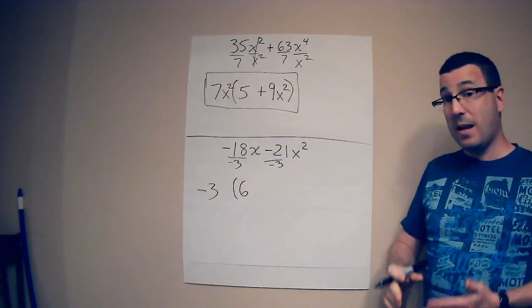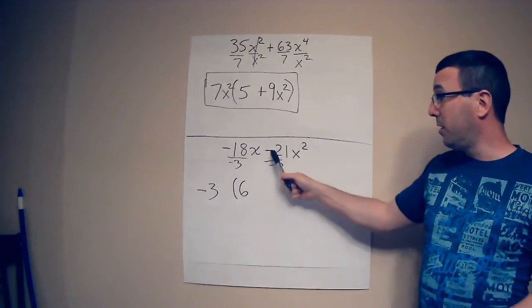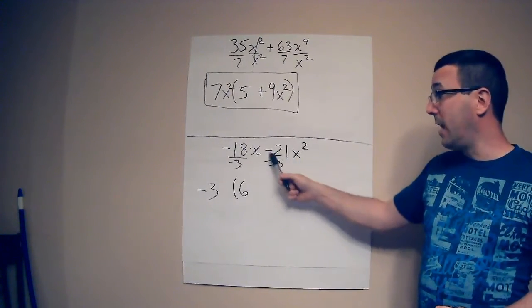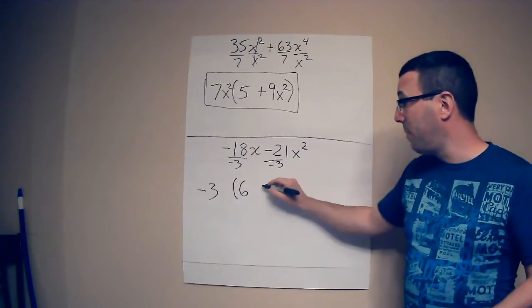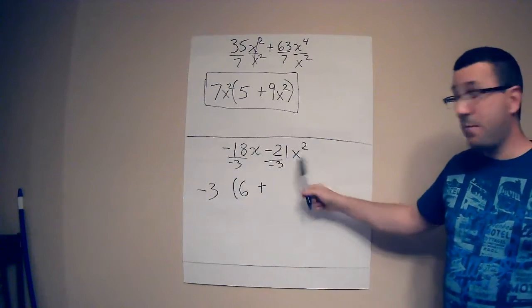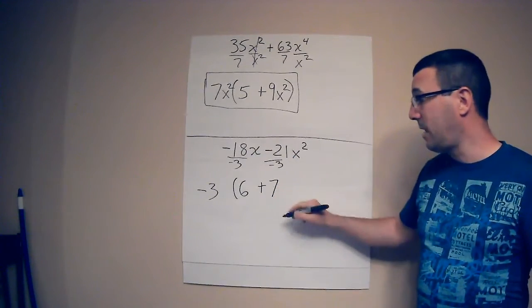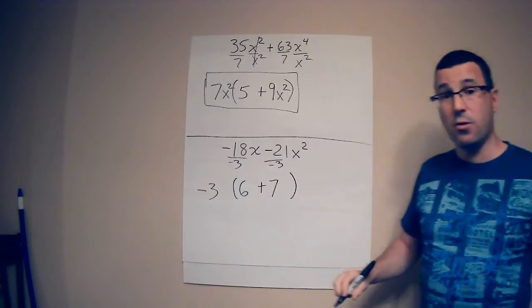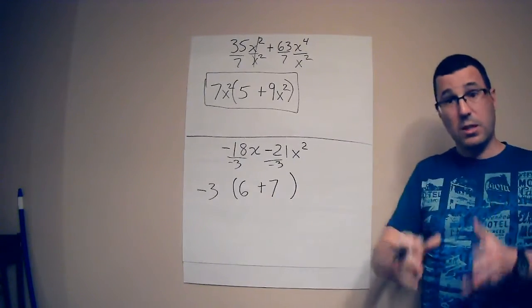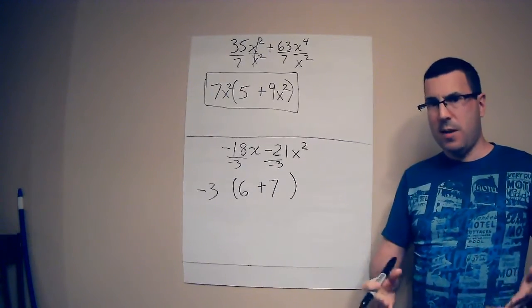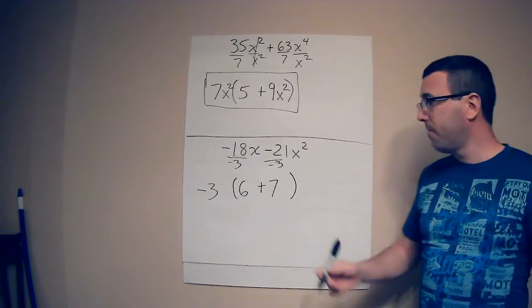Now, I'm not going to write in the minus right away, because I have a negative divided by a negative, which is going to be a positive, so I'm going to put a plus. 21 divided by 3, 7. Leave a little bit of space, and I'm going to have my close parentheses. Always make sure you're leaving space in case you're putting a variable there. A little bit of space is not going to make it incorrect.